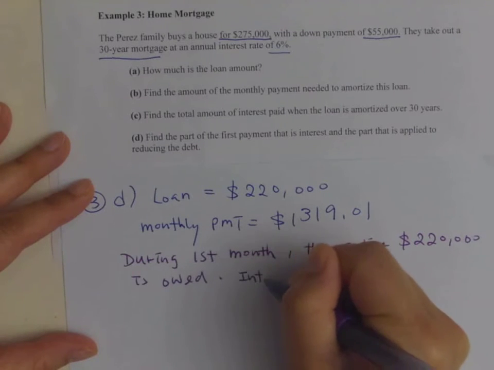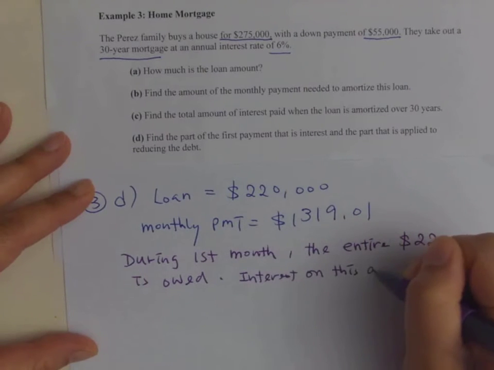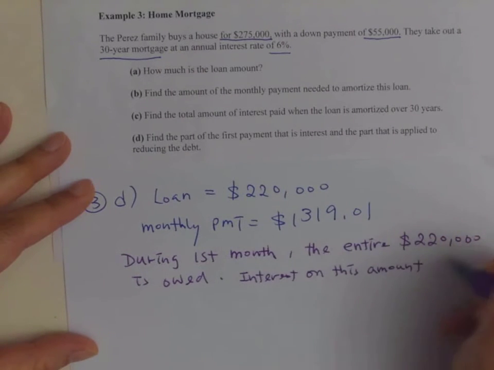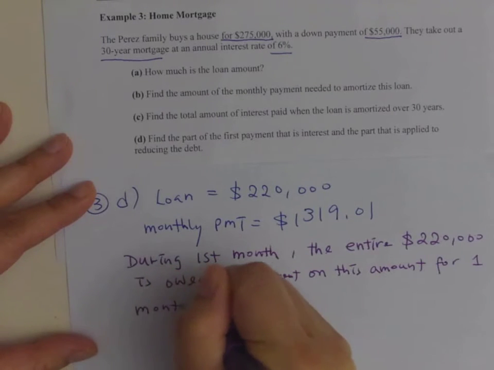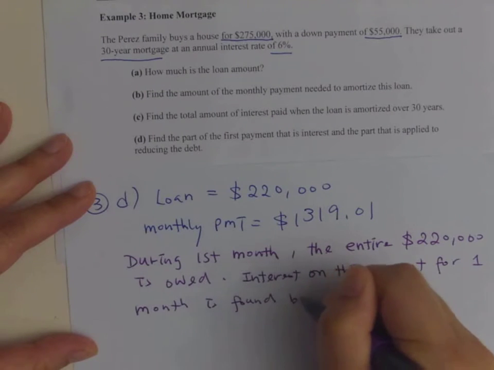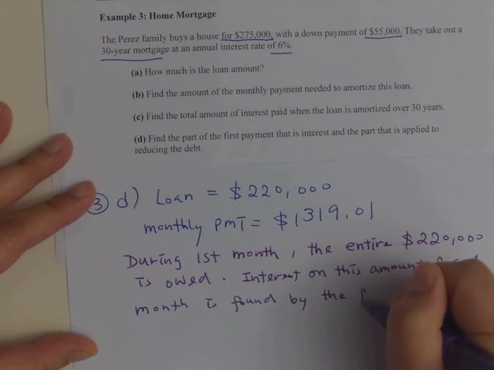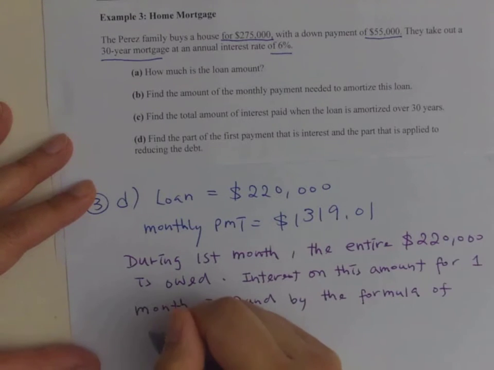So the interest on this amount for 1 month is found by the formula of simple interest.